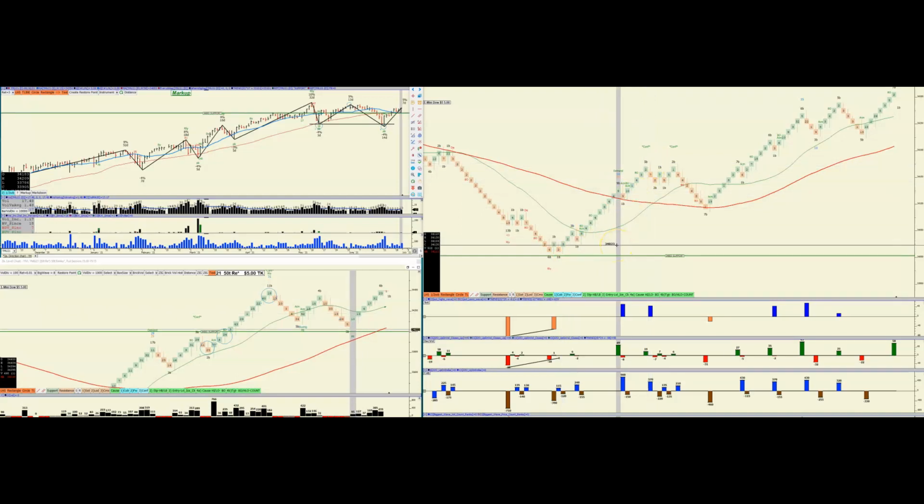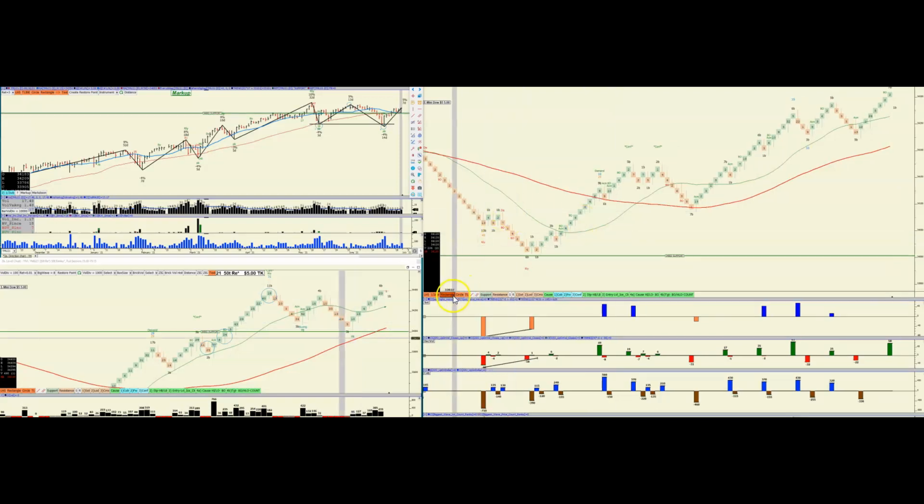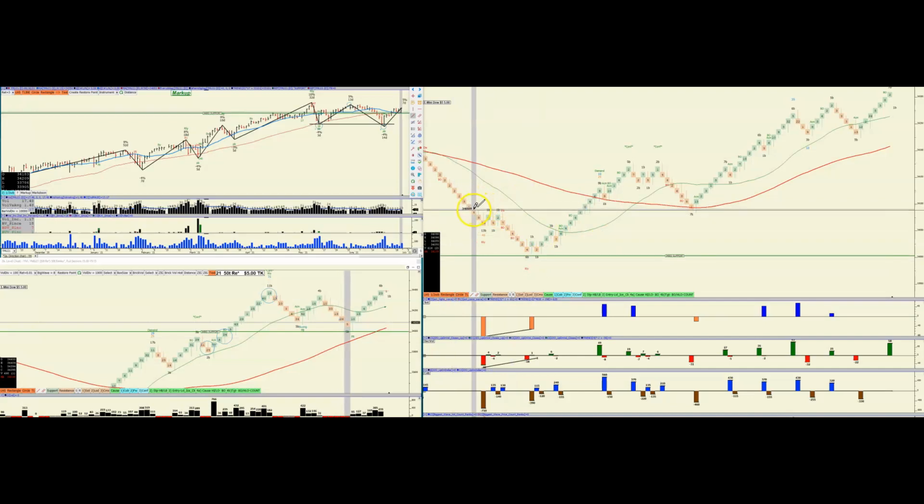What helps you is that you have identified this area, the high before the low, also known as creek. So this is creek.